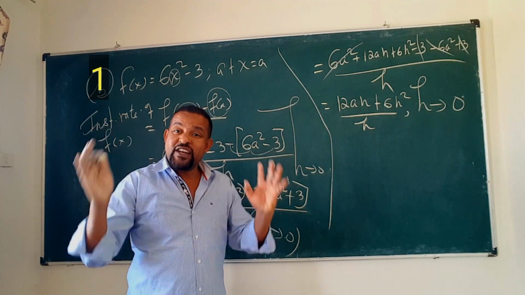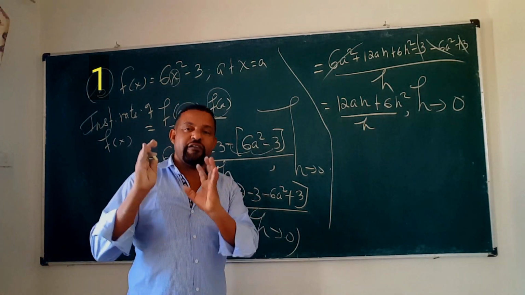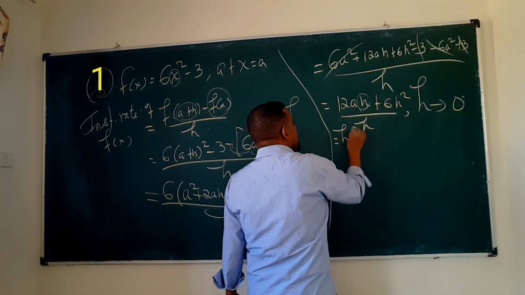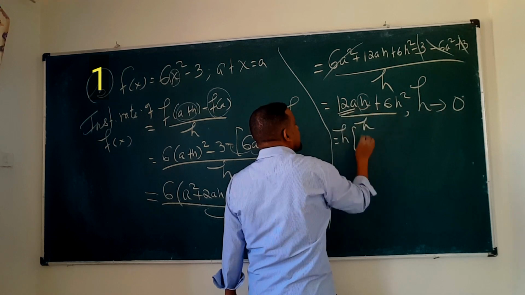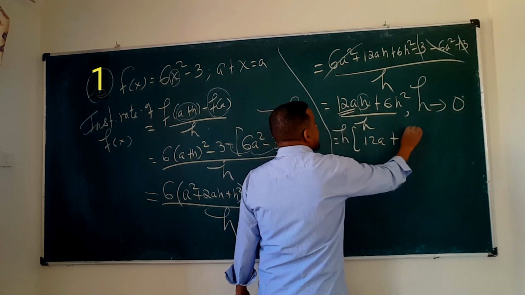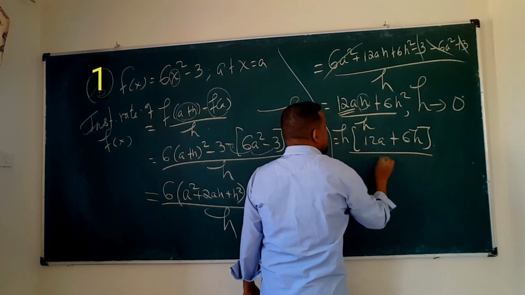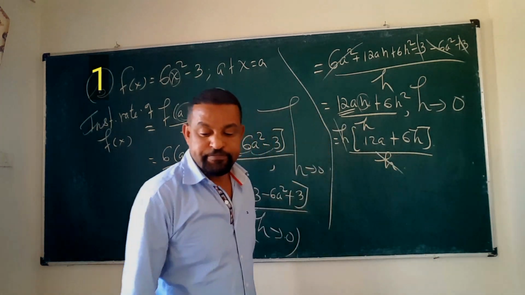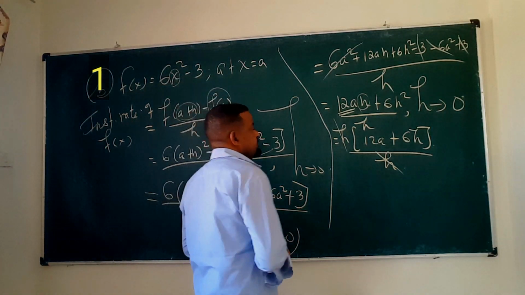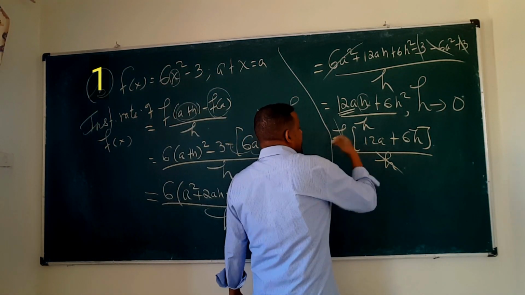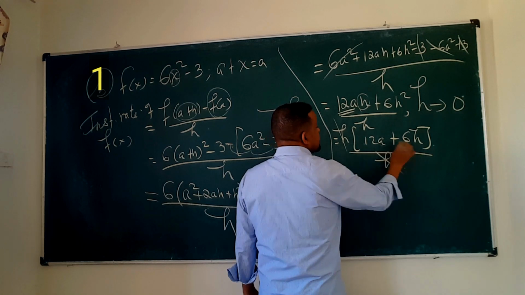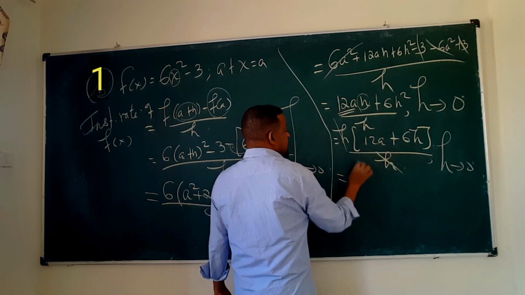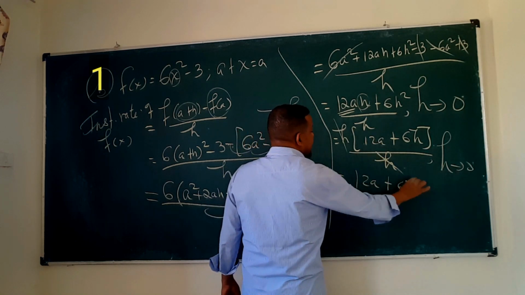Don't forget that we have been doing the instantaneous rate of change of a function. Good. h is common, so we take h out, and what remains on top is 12a plus 6h, over h. Now h will be cancelled by h. So once you remove the h, when h approaches 0, what remains is 12a plus 6h.